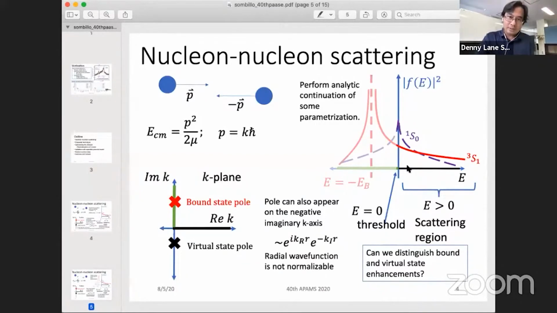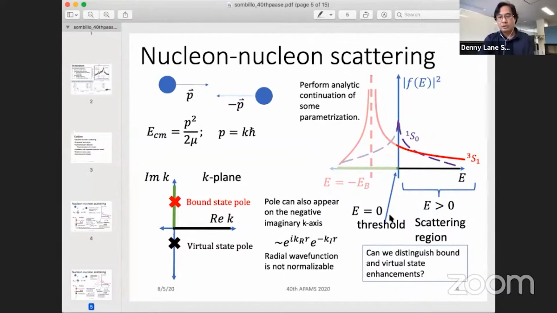But nevertheless, you can also have an enhancement of the scattering cross-section at the threshold. So there are two possible ways to enhance your scattering cross-section. One is through the presence of a bound state pole, and the other is through the presence of a virtual state pole. Only the bound state pole is a physically relevant state here.